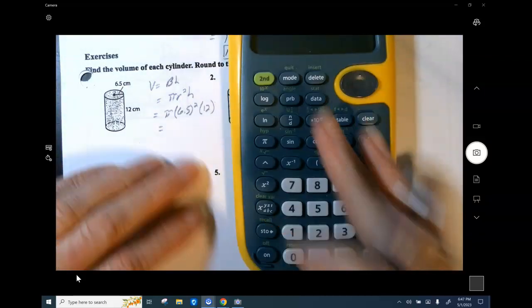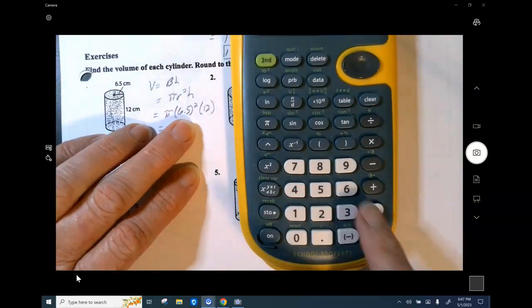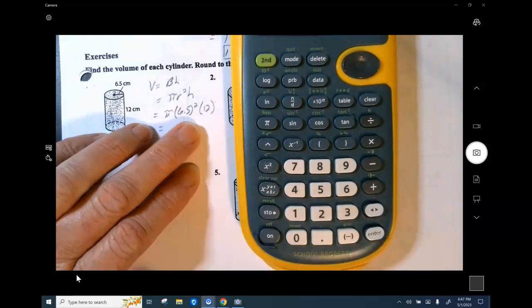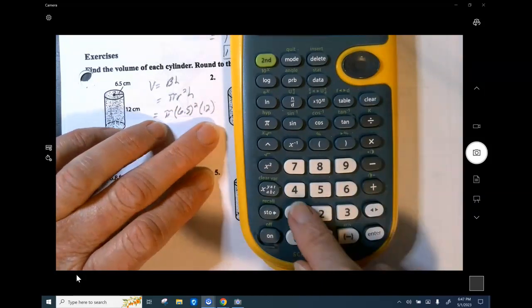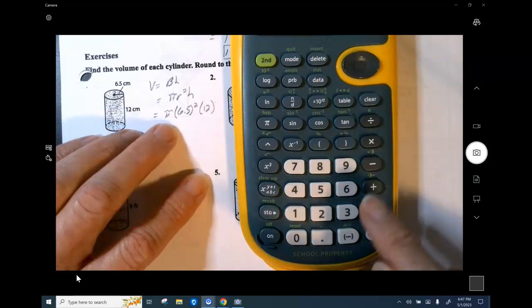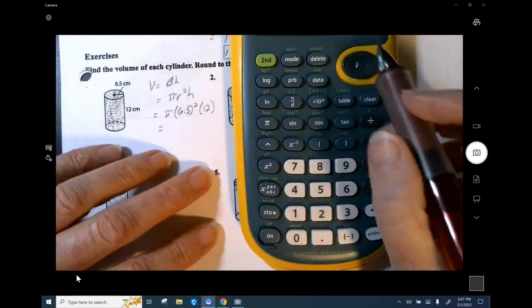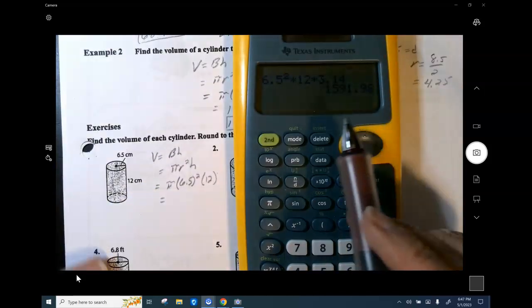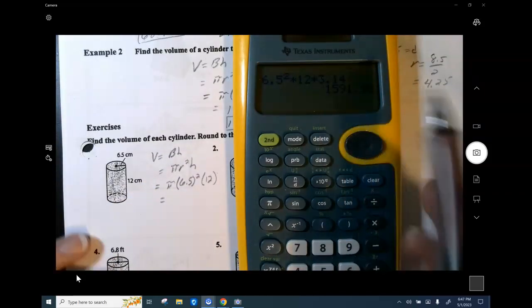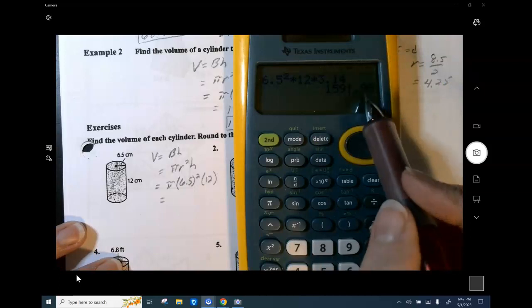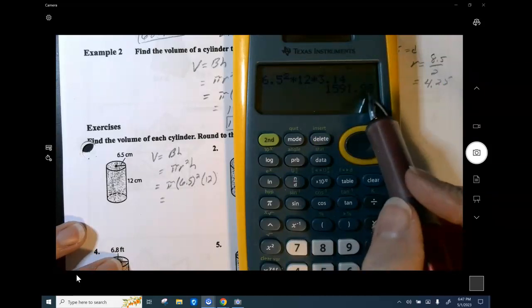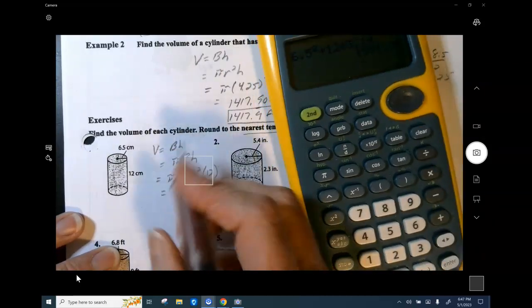Okay, so just in case you're not sure what to do, we're going to go 6.5 squared times 12 times pi, which is 3.14, which is what we're using for it. And we get 1,591.98. Okay, and we're going to round to the nearest tenth. So I'm going to write this one down.